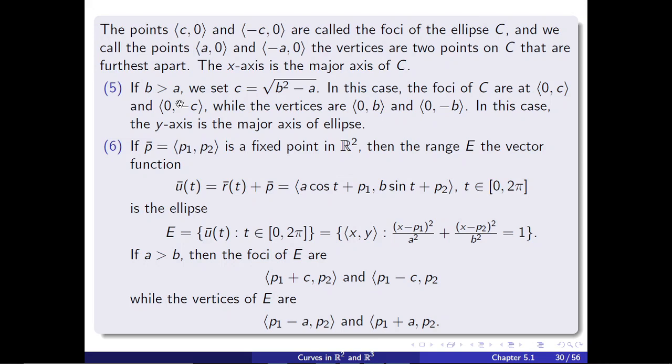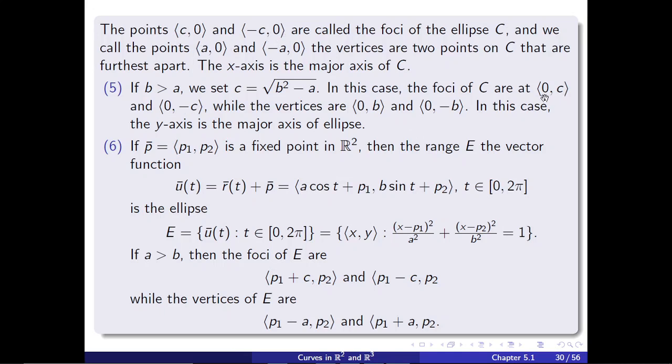Now if b is greater than a, then we reverse here. We are supposed to say c is equal to the square root of b squared minus a squared, not a here, so it's supposed to be a squared. And then in this case the foci of C are at (0, c). So here it was (c, 0) and (-c, 0).